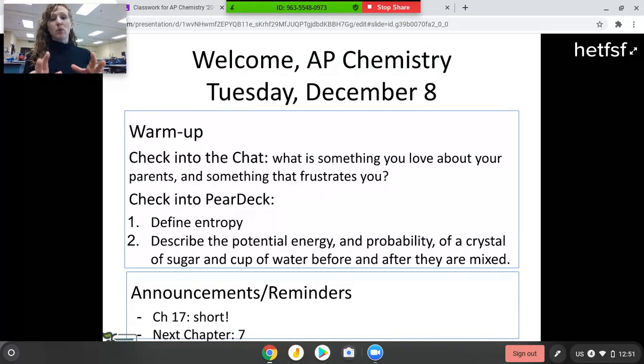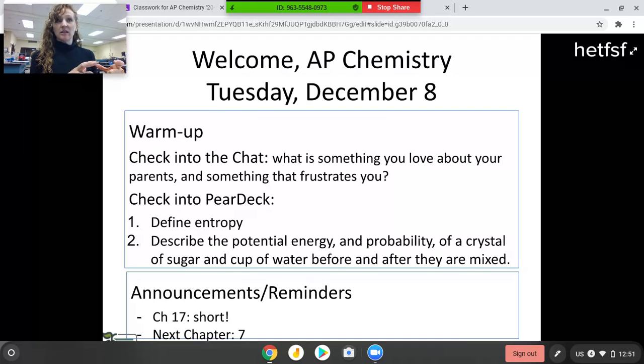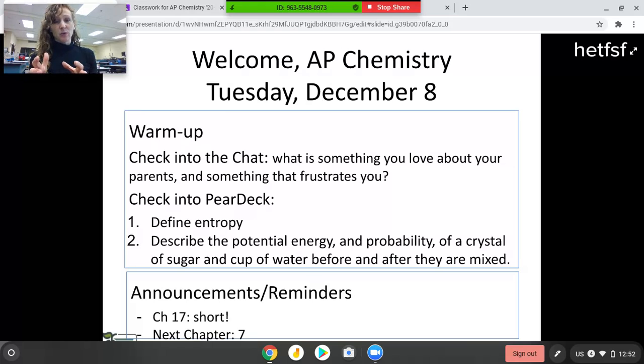There's a lot more positional probability available to a liquid. The crystal only has one way to be organized, right? So there's very few options that the sugar molecules can be in and still be in a crystal. So there's a very low positional probability for a crystal. For the cup of water, there's a lot more options, a lot more positional probability, a lot more disorder.